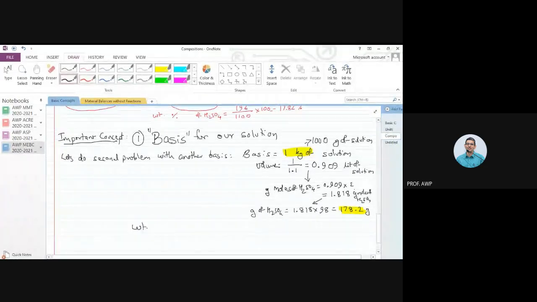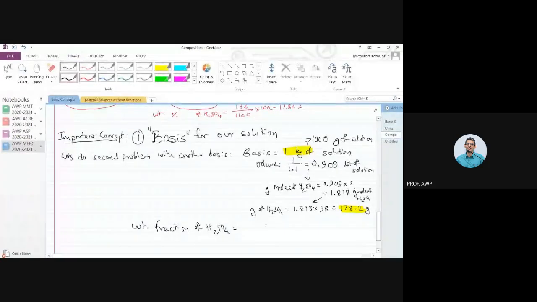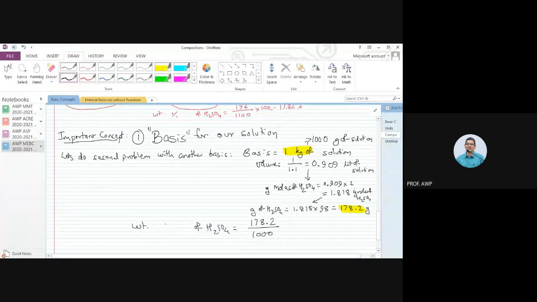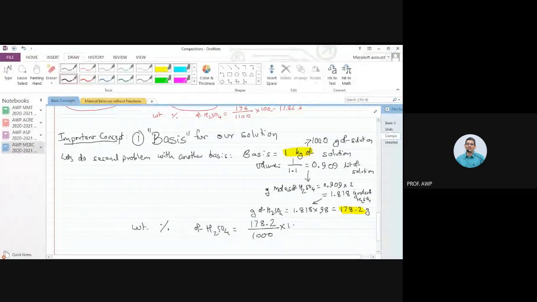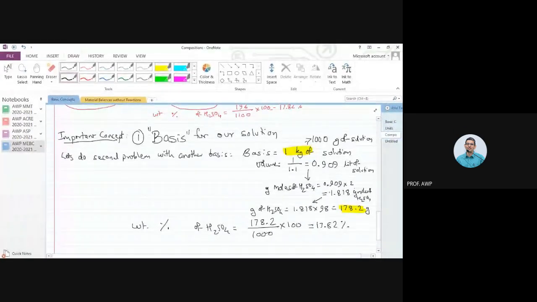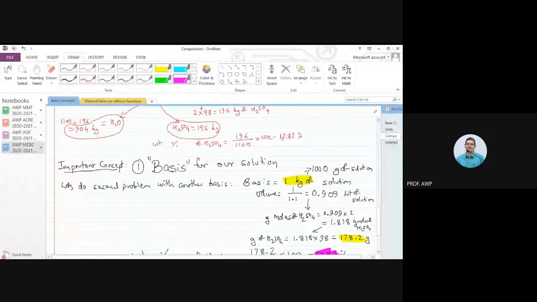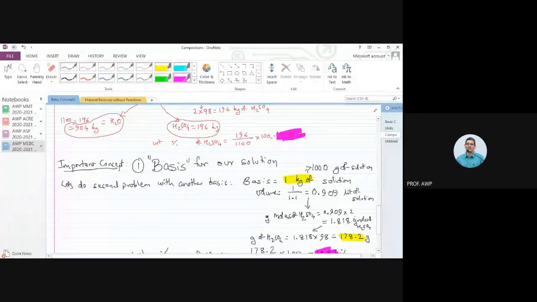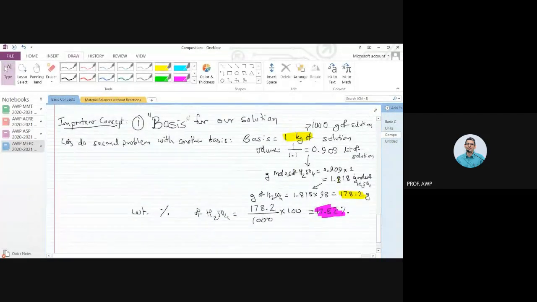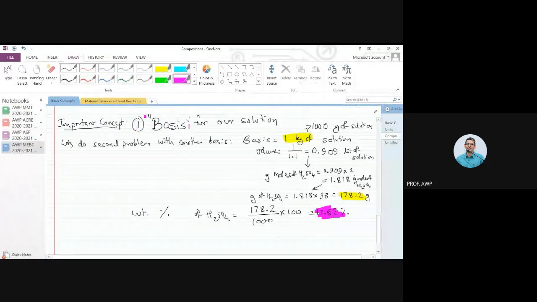Right? So what is the weight fraction? Weight fraction of H2SO4 would be 178.2 divided by 1000. What would be the weight percent? This multiplied by 100, which is 17.82%. Same answer. So the important concept is basis.